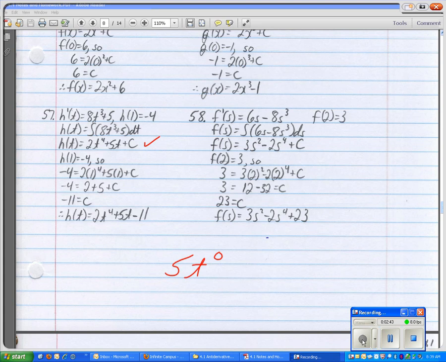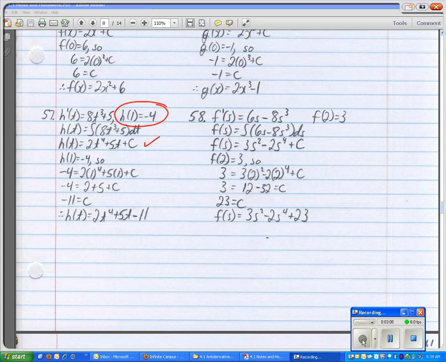To get the particular solution, you will be given some more information. The other information you're given are called initial conditions, because it's just things that you know initially, okay? Not necessarily at time 0, but just things you know. They're always called initial conditions, even if it's not time 0. So things we know. We know that h of 1 equals negative 4.